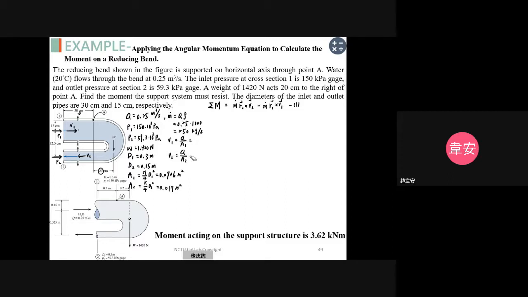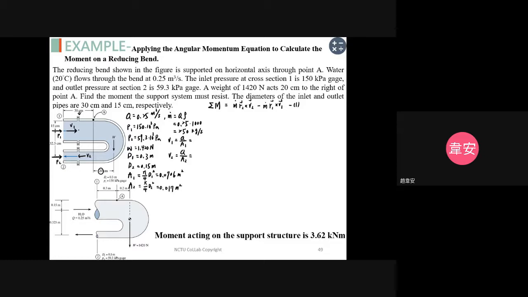This is based on the continuity equation. We know that A1 V1 is equal to A2 V2, which is equal to the discharge. So we directly compute V1 and V2 individually.